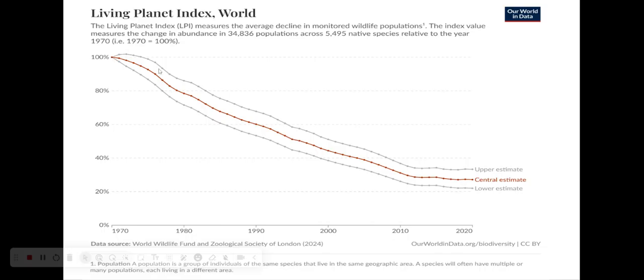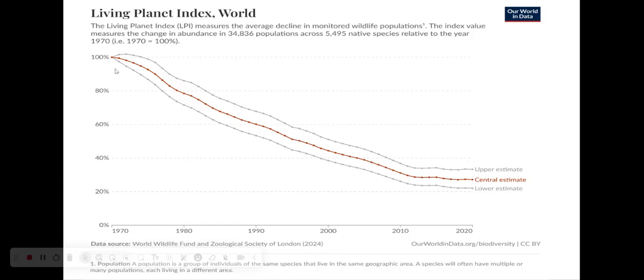And we have a general trend here that the populations that we are monitoring in the wild are declining. This red line is giving us a central estimate of what we assume. The upper estimate is a more positive take, like, we're actually losing probably about this much, whereas the lower estimate is the most amount that we are losing in ecosystems around the world.